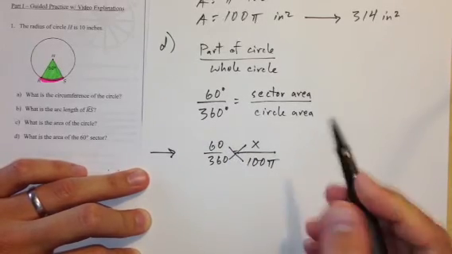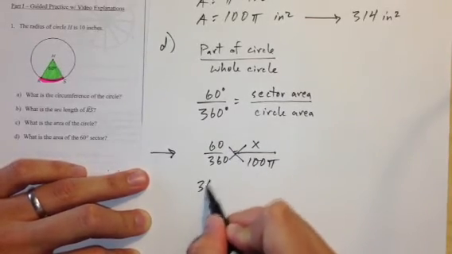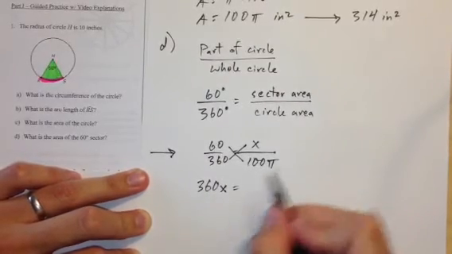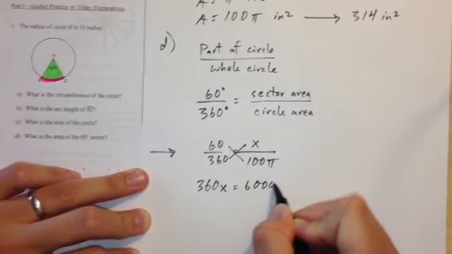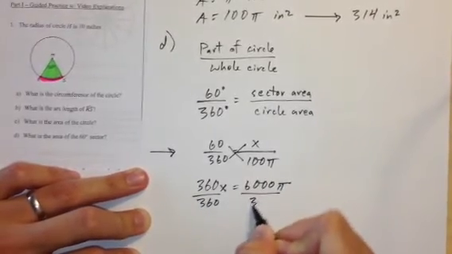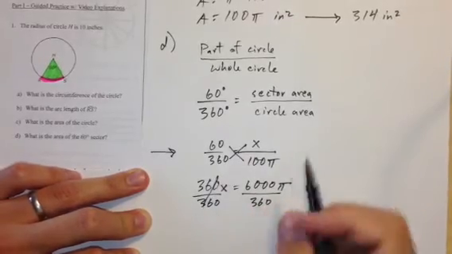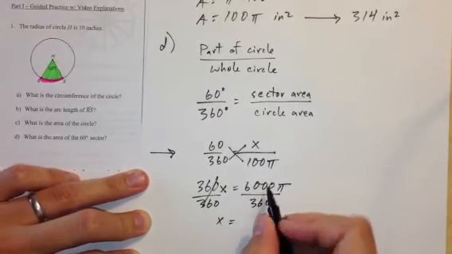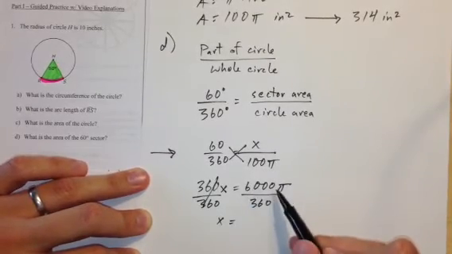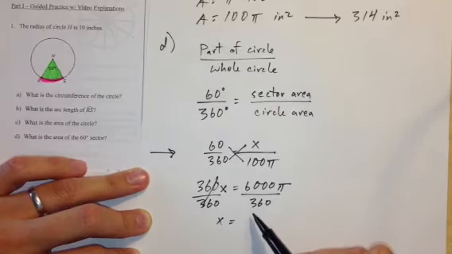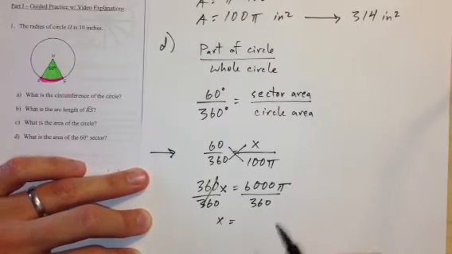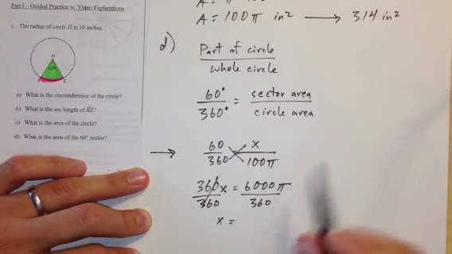So you're going to cross multiply. 360 times x is 360x. 60 times 100 pi is 6,000 pi, divided by 360 in order to isolate the variable. We get x equals, now what is the greatest common factor in both 6,000 and 360? The greatest common factor is 120, so you're going to divide both the top and bottom by 120.